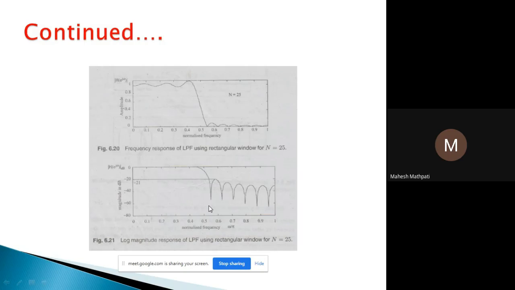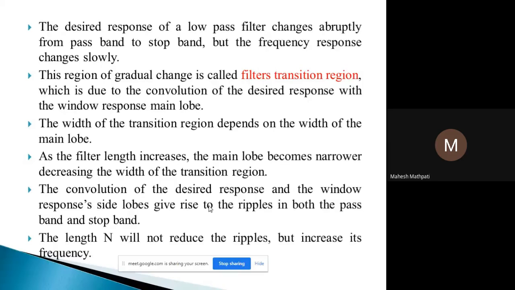Now, so this is what all the things we have written here. What we have written is the desired response of low pass filter changes abruptly from pass band to stop band, but the frequency response changes slowly. ठीक है. This region of gradual change is called filter transition region. As already we have discussed all these points, which is due to the convolution of desired response with the window response main lobe. The width of the transition region depends on the width of the main lobe.